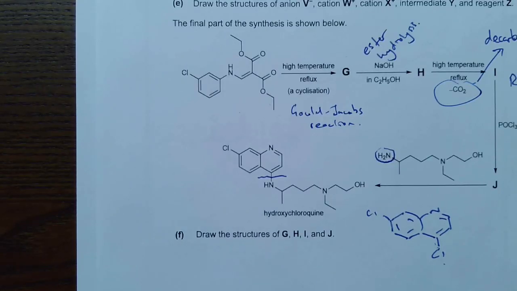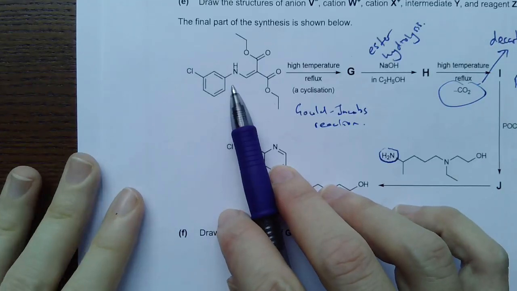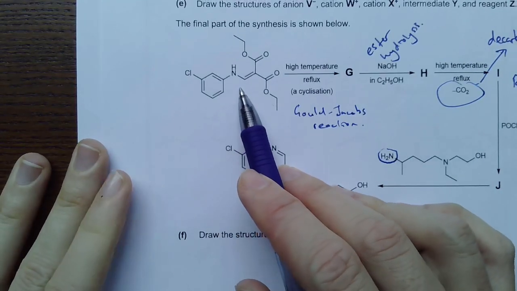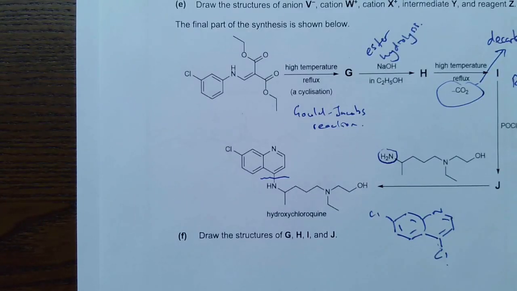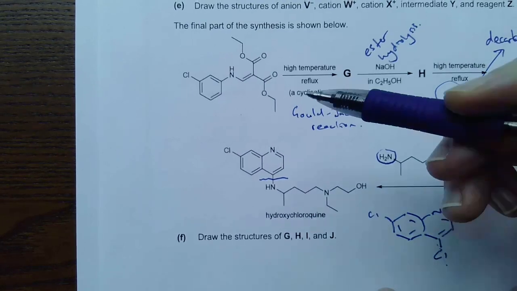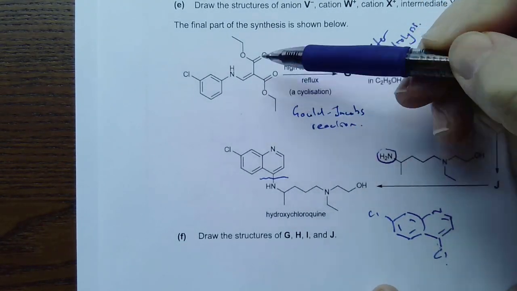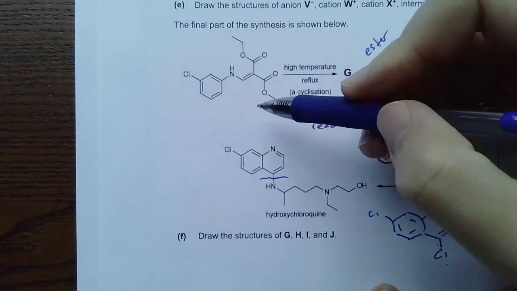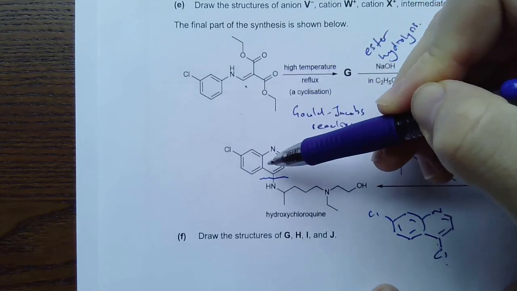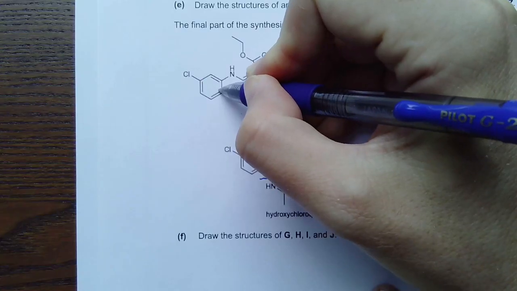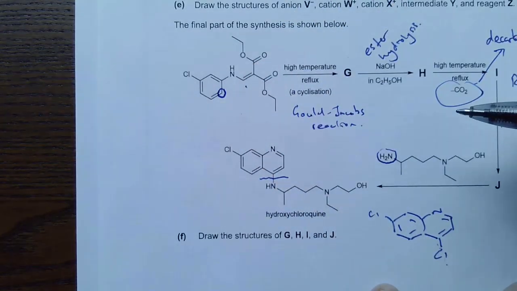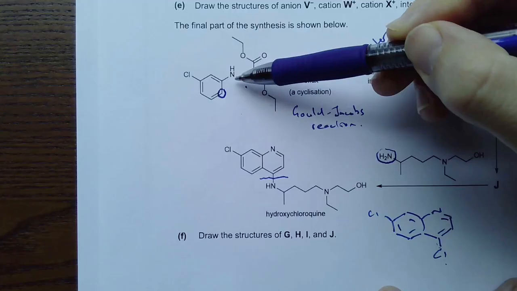Now the ring formation is a really good one because it's unlikely that your average A-level student is going to know much about ring formation reactions. But if you know what to do, it's actually quite straightforward. So all you need to do really is work out which two carbon atoms are reacting together. So if you look at your starting material and you look at your final product, you can see that a bond is forming between this carbon, obviously, and then I just count round from my nitrogen.